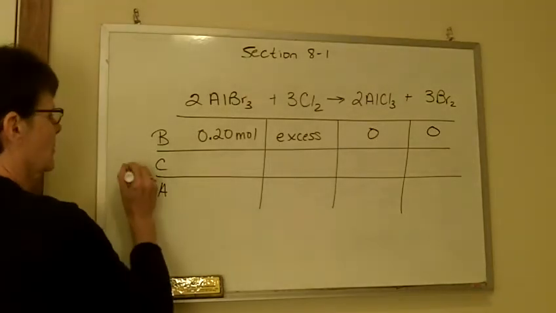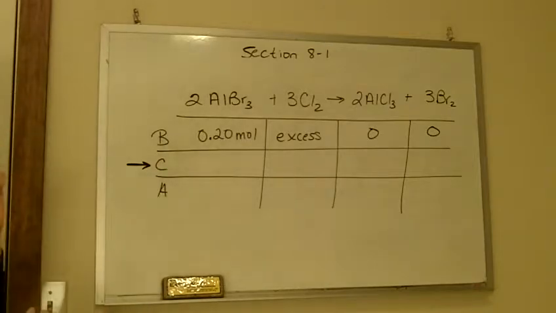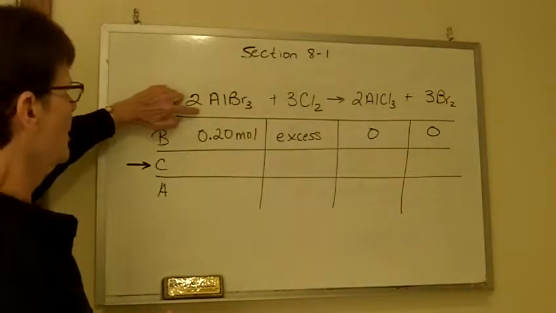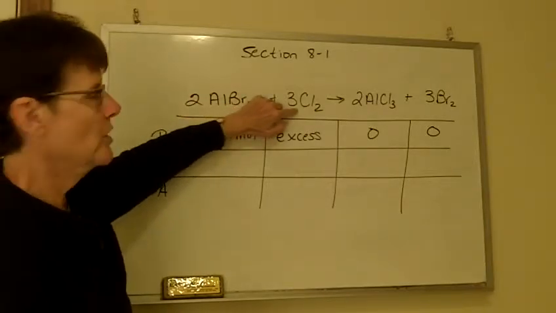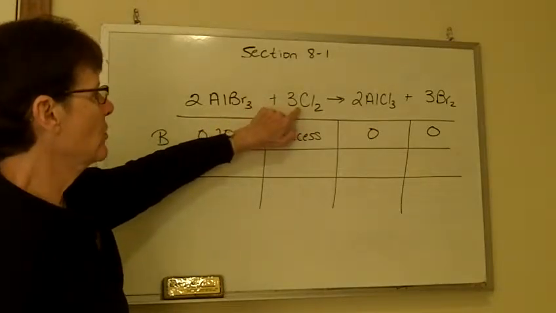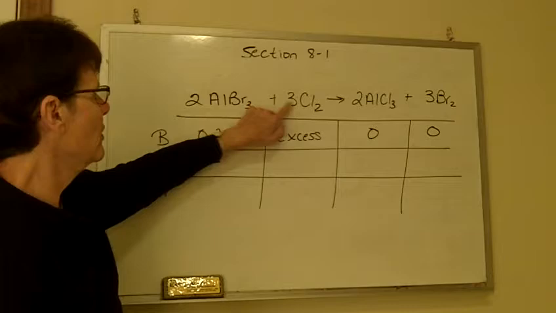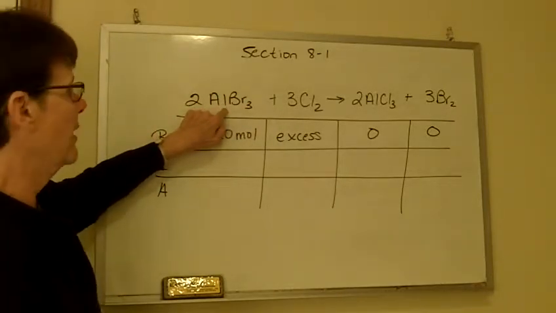So we look again, we're going to do our math with this row going across. If we look at that, we can see that every time I use 2 of these, I have to use 3 of these. So chlorine will always be 3/2 as much as aluminum bromide.